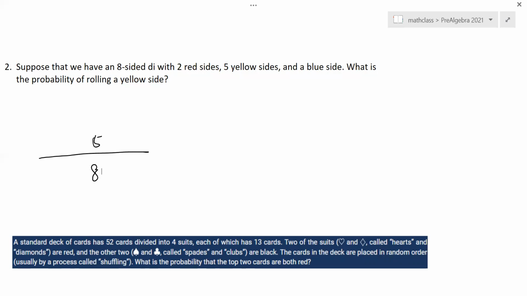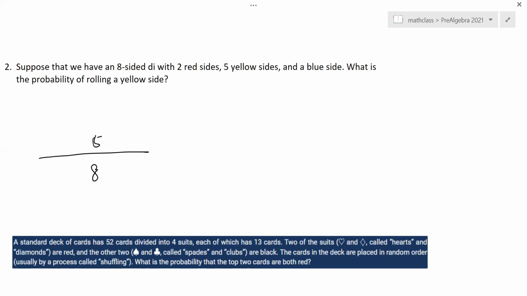From 1 to 10, then you have jack, queen, king. Their names are hearts and diamonds, and spades and clubs. Also red and black. Those cards in the deck are placed in a random order.